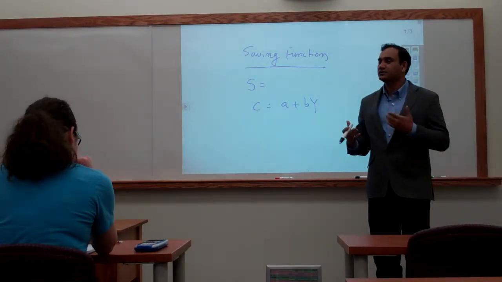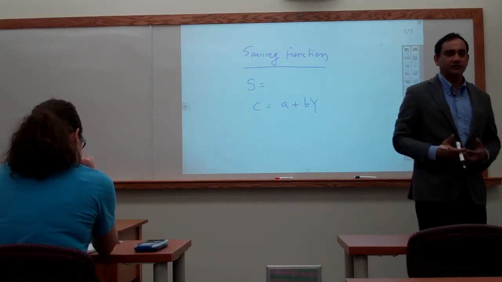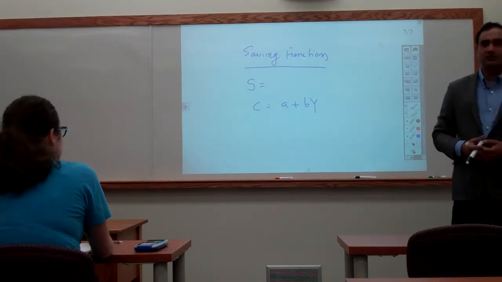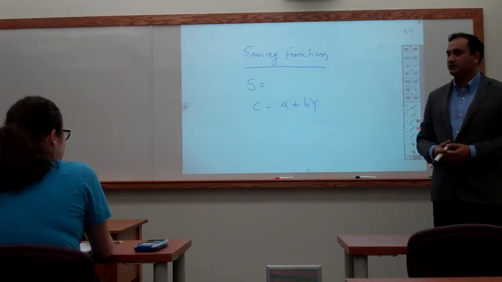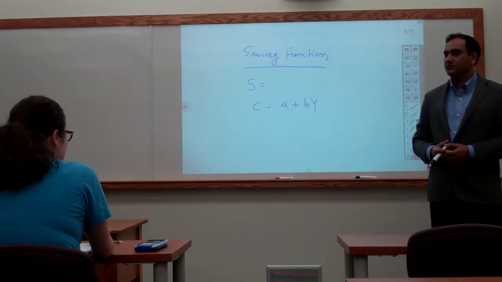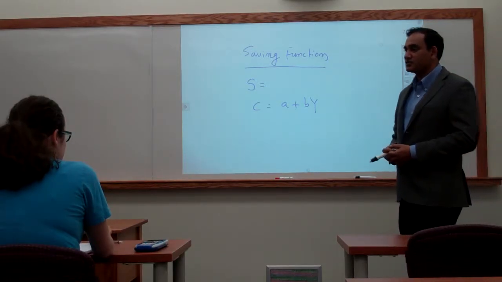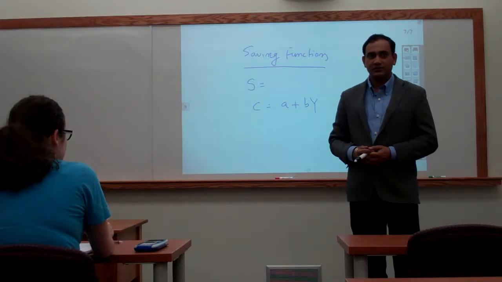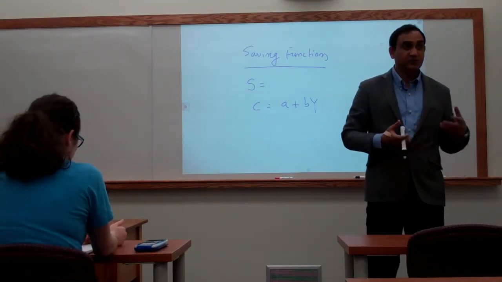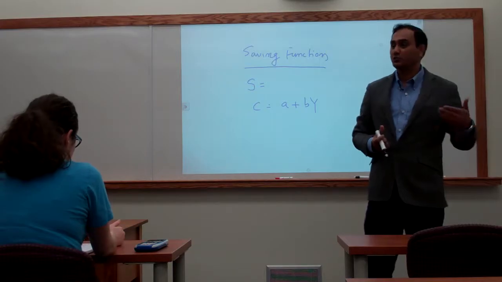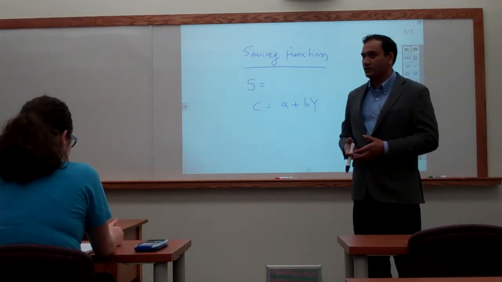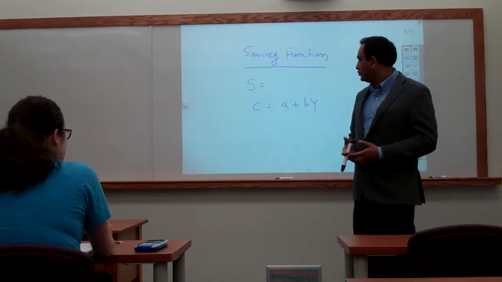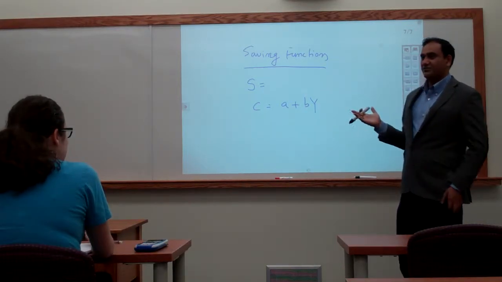Now, where is that A coming from? You don't earn anything. It's coming from your past savings, isn't it? You're not currently earning anything, but you're still consuming A. It has to come from, in this simple model, your savings. So your income is 0. What is savings equal to?